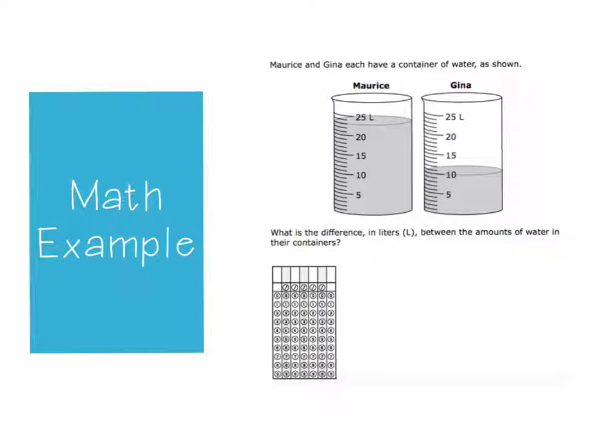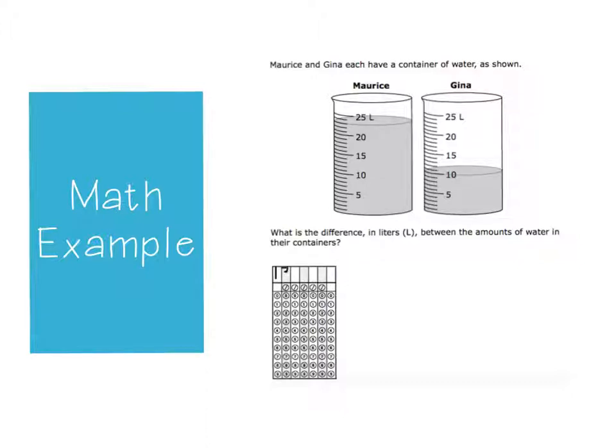And what happens with the gridded response is that the kids have to write their answers inside the boxes at the top and then bubble in the corresponding grid underneath. So I'm going to show you how they would do that. It's recommended for the kids to start in the very first box. So I would write my answer 13.